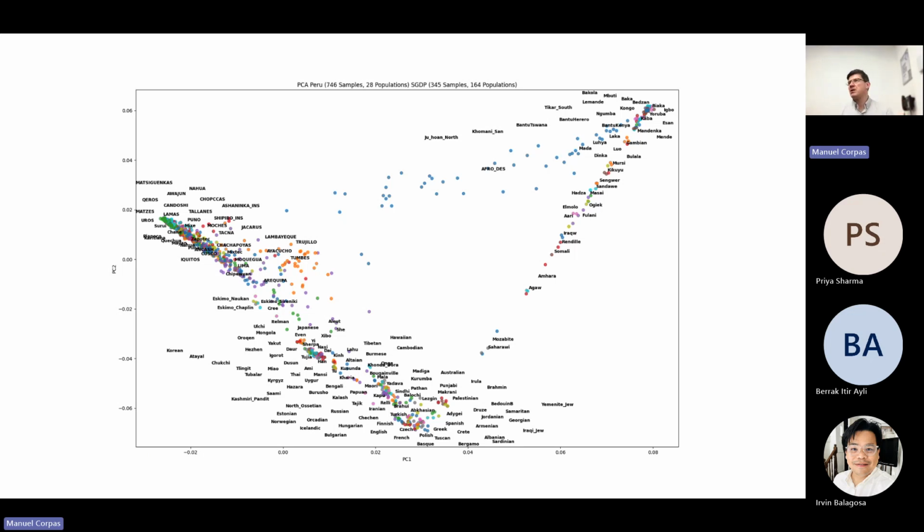So we use something called the Simons Genome Diversity Project, which basically has around 200 many different populations, right? From around the world. And now I'm superimposing my data onto the rest of the world data. And so you can see that the Afro-descendant individuals from Peru, some of them tend to get really close to Africa.